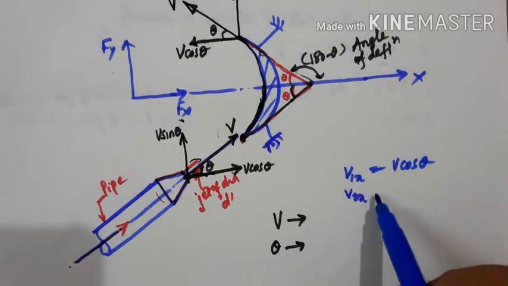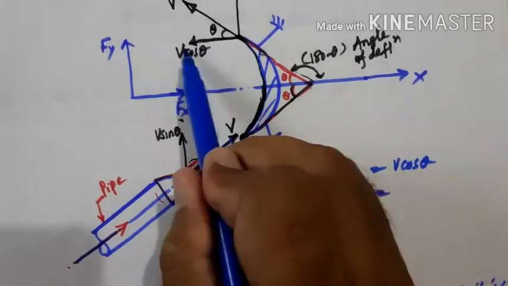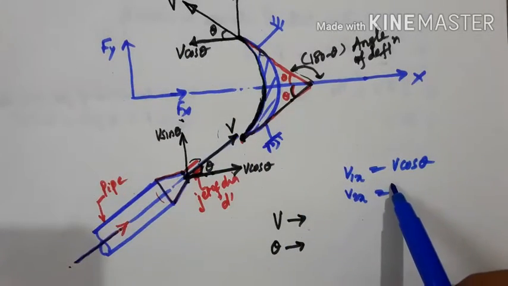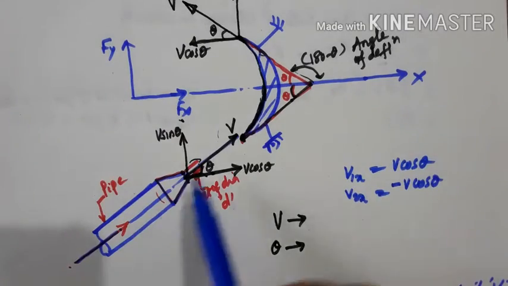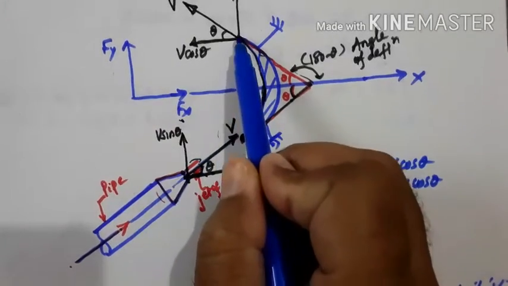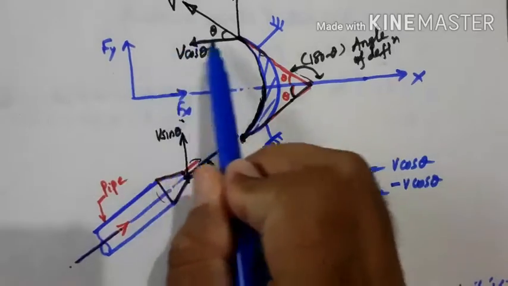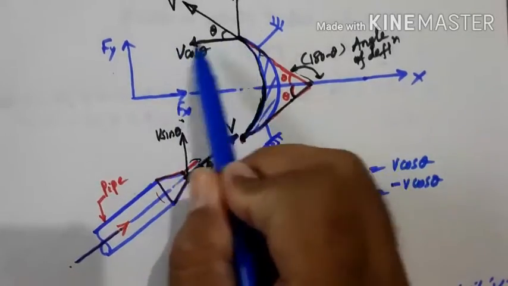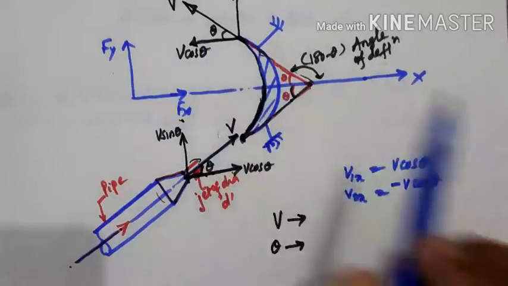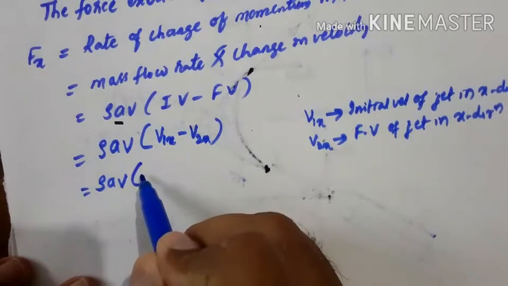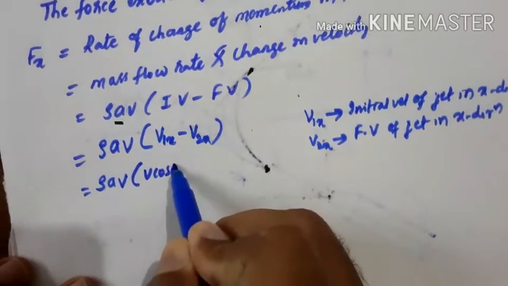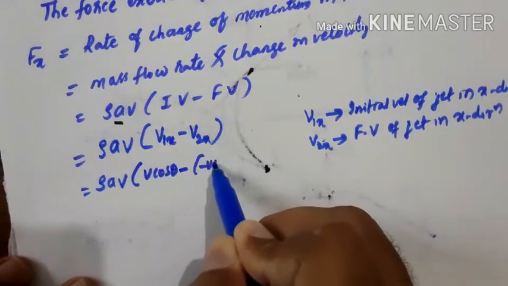Then what is v2x? Because it is opposite to the direction of the jet, I get minus v cos theta as the final velocity. If I substitute here, I get v cos theta minus of minus v cos theta.